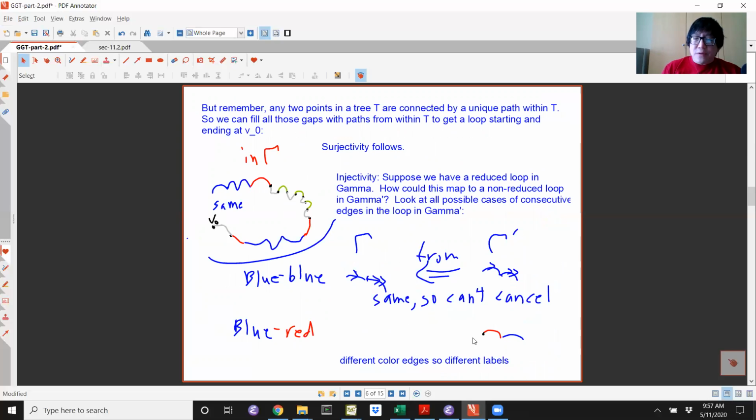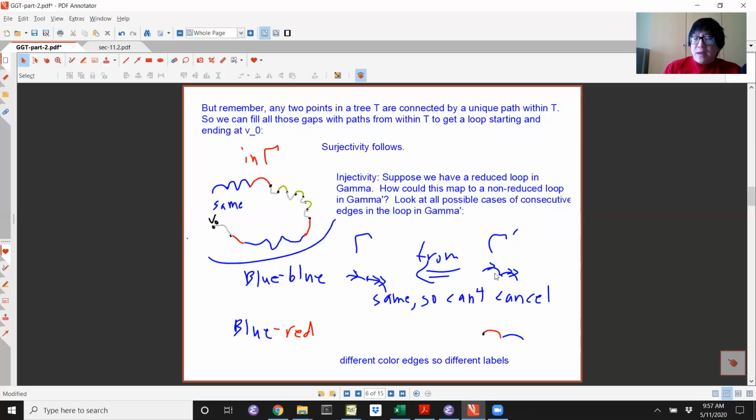if you have different colors. So here's how I should have started the argument. If you're in your path in gamma, you have different color edges. Those can't possibly cancel, and so the thing to worry about is the same color.